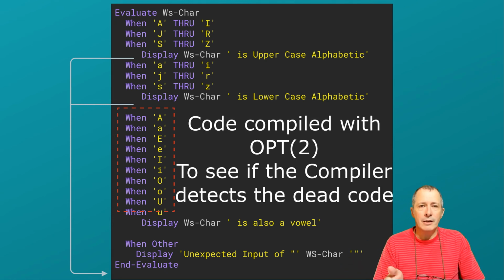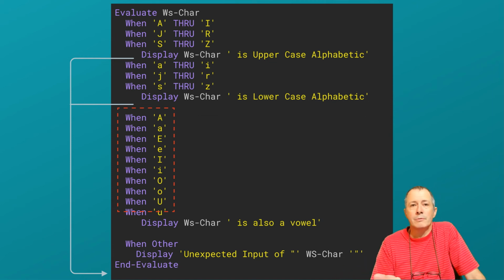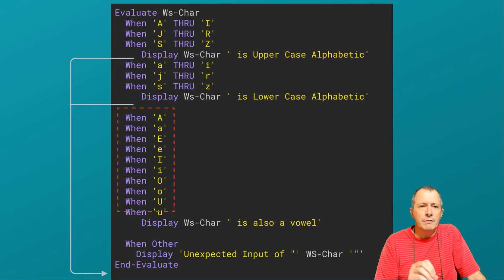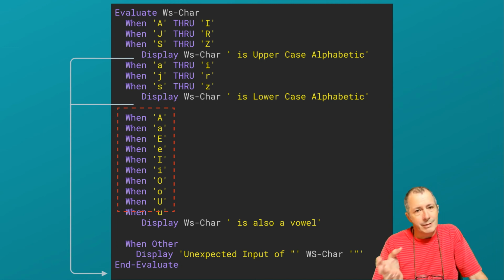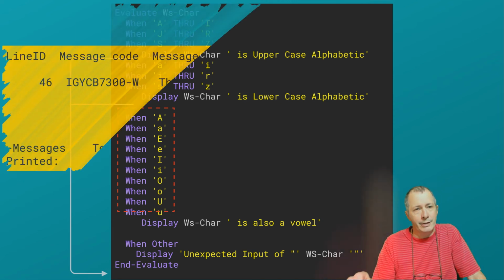I compiled this statement using COBOL 6.3 with a PTF level of 220314 using opt2, which triggers full optimization. I was curious if the compiler detected the unreachable when clauses and the display that followed. It did not. So this error is still dependent on the programmers and the testers catching it during code review or testing.